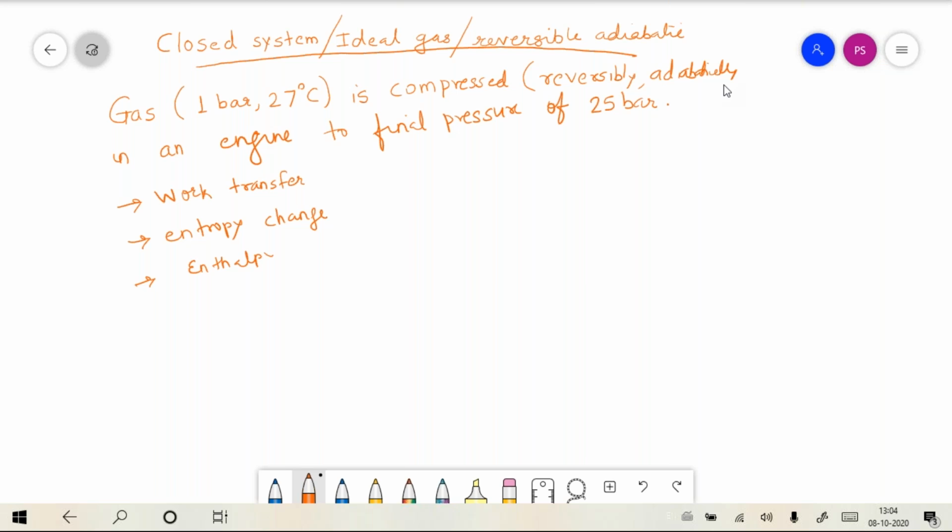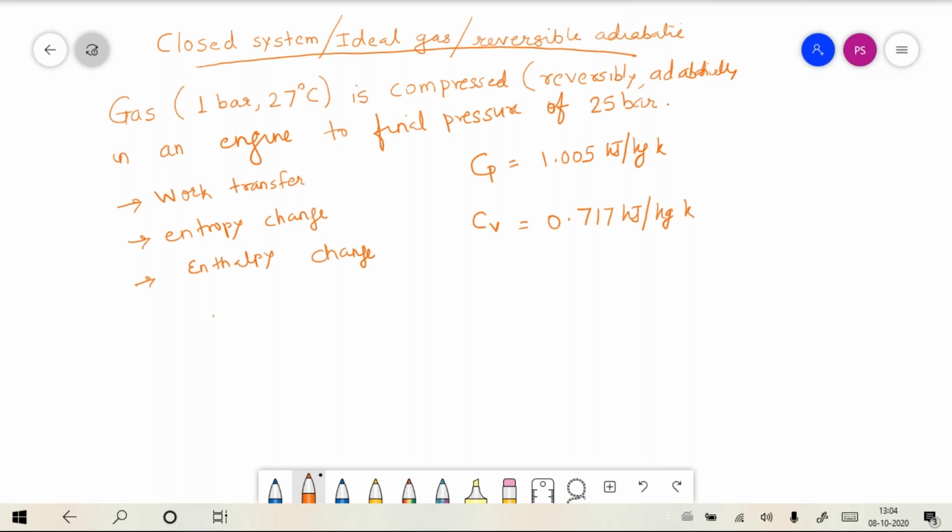I'll be representing this process on a pressure volume diagram. This process is compression, so obviously the arrow as shown is towards the vertical. It's a curve, and because it is a reversible adiabatic process, this curve would obey the law P into V raised to gamma is equal to constant.